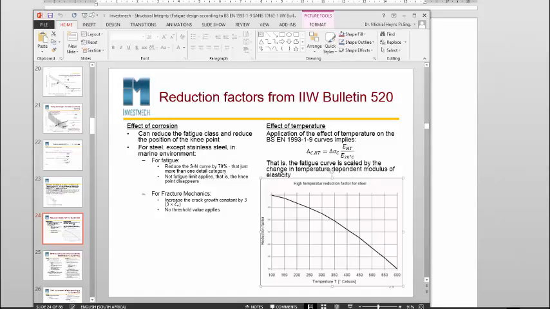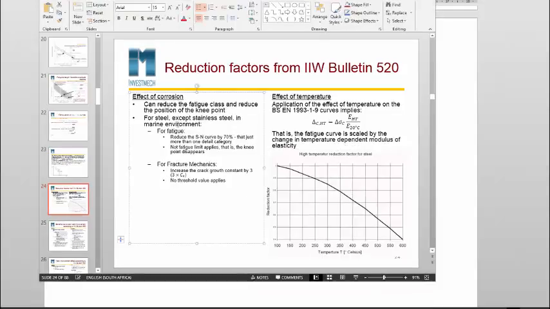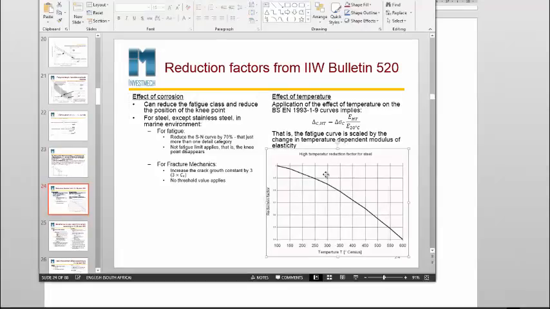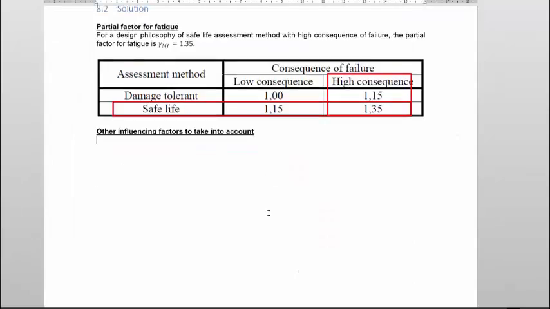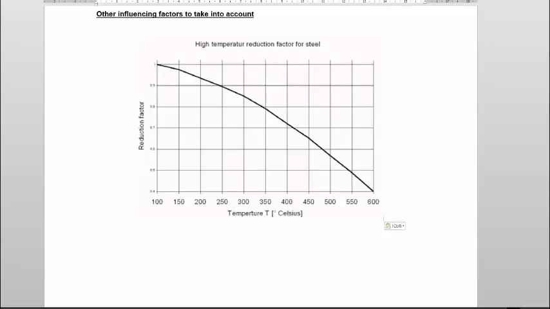I'm just going to pause quickly. Good. So what we're going to do now is copy this graph, this curve, into the report, so that you can see what the temperature effect is that we need to take into consideration. They say here that we're operating at a temperature of 250 degrees Celsius. So we go up to 250 degrees Celsius, right to that point there.